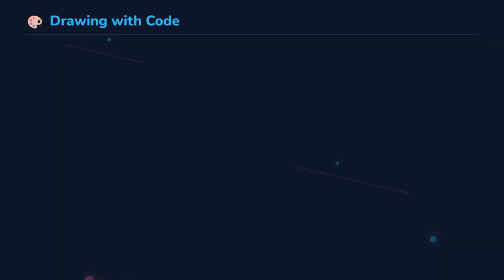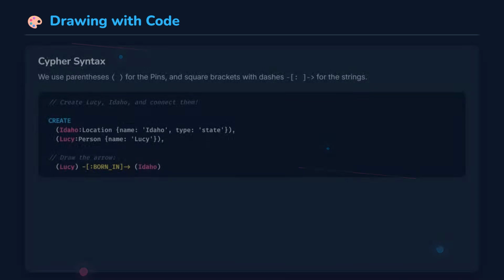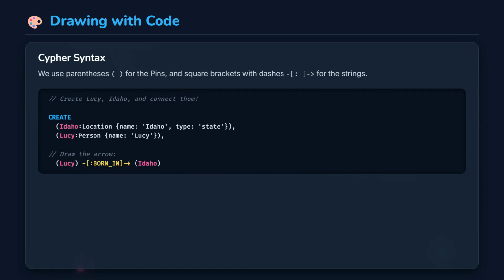Let's take a look at what drawing with code actually looks like. Look at the code box on the screen. In Cypher, we use normal parentheses to draw a circle around our pins. So we write open parenthesis Lucy, close parenthesis. Then, to draw the red string connecting them, we use square brackets with dashed lines to literally draw an arrow.